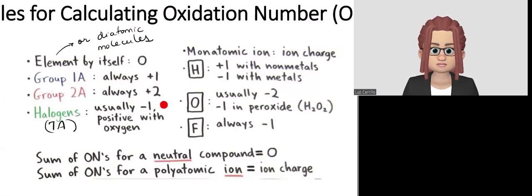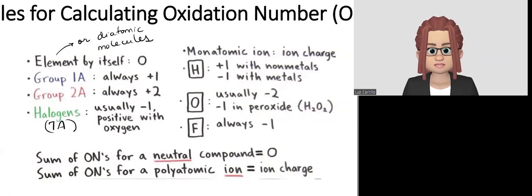And they tend to have a positive value for their oxidation number if they're paired with oxygen. But that comes from the idea that oxygen is usually -2. Oxygen is always -1 when we find it in peroxide.